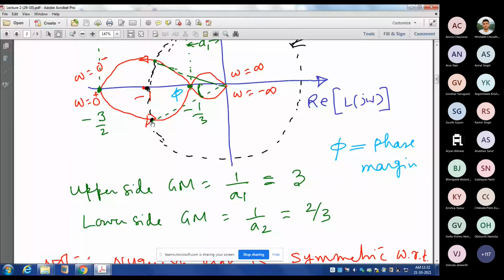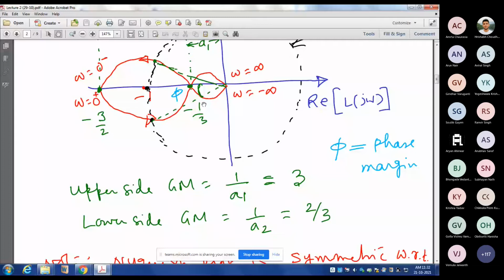Then you can determine the gain crossover frequency, and what the phase angle of L(j omega) is at the gain crossover frequency, and from there you can get the phase margin. The angle of L(j omega) at the gain crossover frequency will be this one.